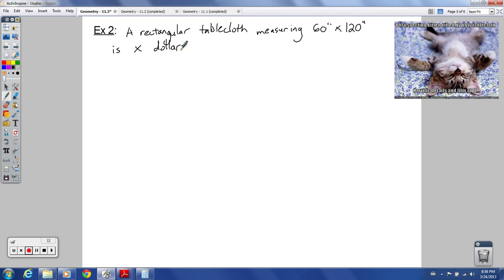We don't know how many dollars, so we'll say X dollars. And a 12-inch by 24-inch placemat, so much smaller, is $5. What's a fair price for the tablecloth?